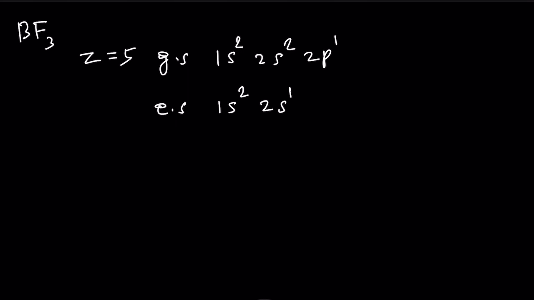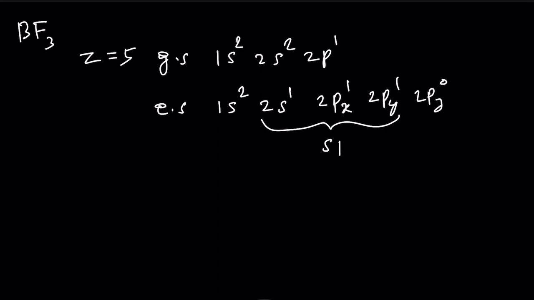So, therefore, in the excited electronic state, the electronic configuration will be 2px1, 2py1, 2pz0. This will form the sp2 hybrid. Therefore, the hybridization is sp2.